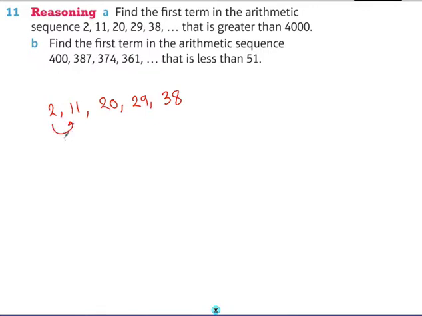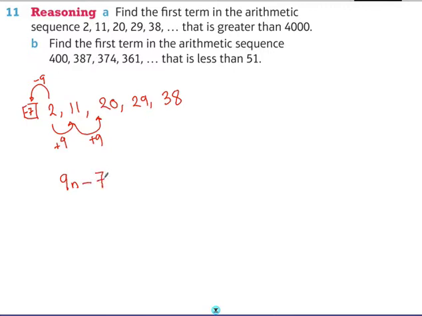It's going up in nines. Just a quick check, yep, this is going up in 9, going up in 9. It's a multiple of 9, and the 0th term of this is minus 7, because we need to subtract 9.